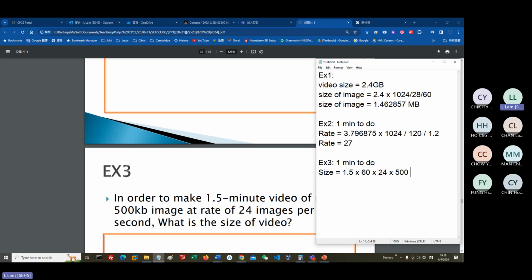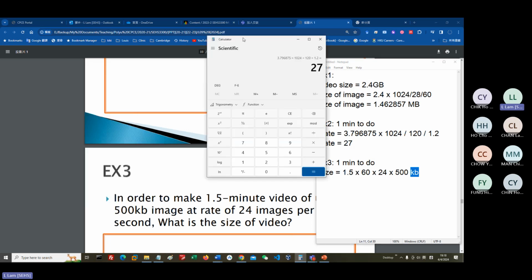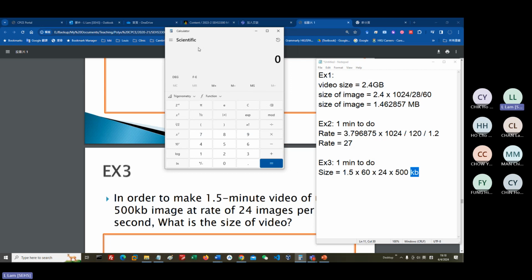So remember this one, the dimension or the unit is kilobyte at the moment. So you need to calculate the number first and see if you need to rescale it to megabyte.